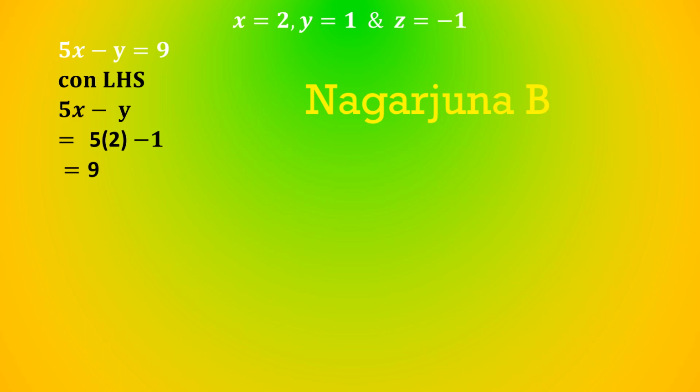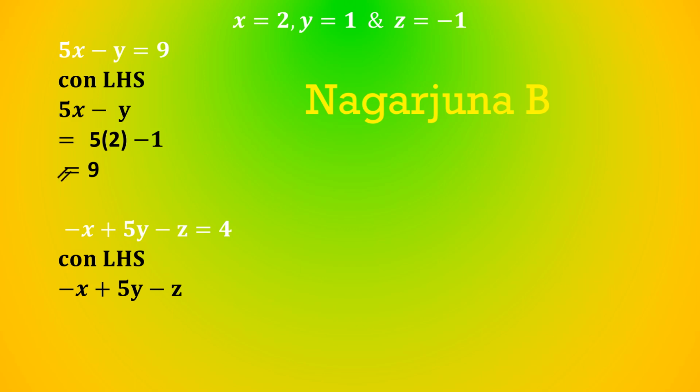That means we have considered LHS and we have got RHS. Whatever the values we have got are correct for the first equation. Now the second equation is minus x plus 5y minus z is equal to 4. Consider LHS. LHS is minus x plus 5y minus z. Now substitute the values of x, y and z.